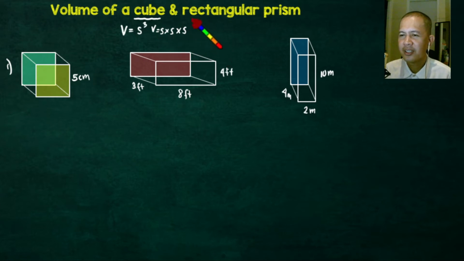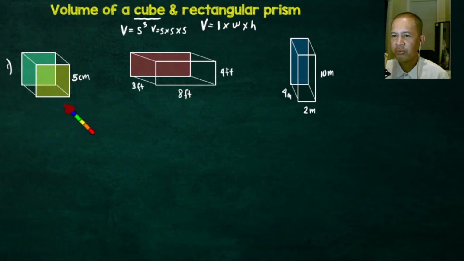And the formula in finding the volume of a rectangular prism is V is equal to length times width times height.